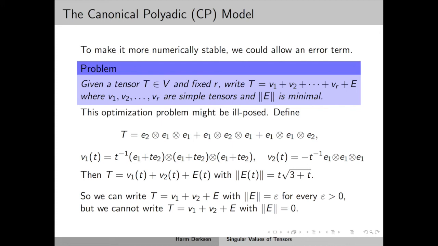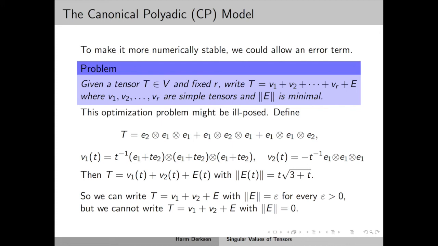Here's one example that shows that sometimes there is not a best rank R approximation. If you take this particular tensor, this t, then you can write it as a sum of two simple tensors, v1(t) and v2(t). It depends on the parameter t. So then t is v1 plus v2(t) plus a small error term. And as t goes to 0, this error term goes to 0.